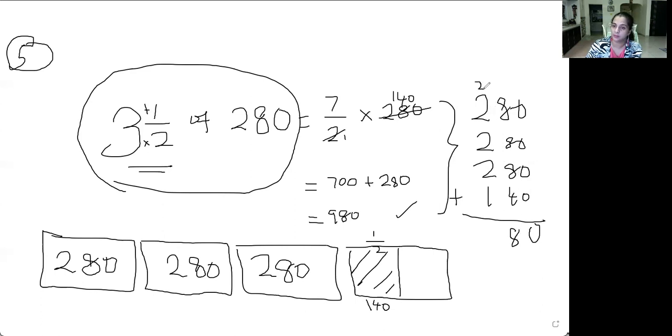And then you'll have another 2 up here, and then 2, 4, 6, 8, 9. So you see, ta-da, you get the same answer. This is what 3.5 means. Okay, so clear. Let's go on.